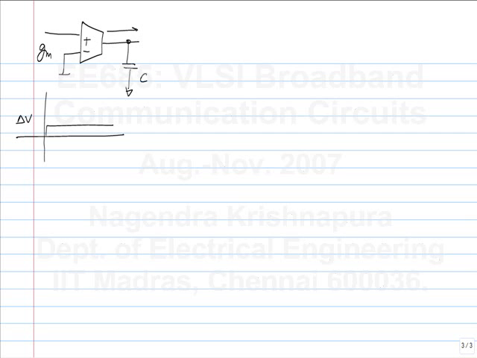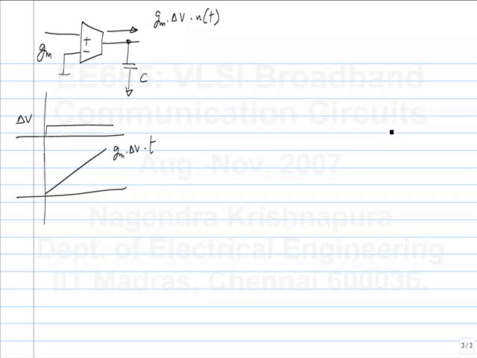You get a current Gm times delta V times U of t, that is the unit step, right? So the output will ramp up at a rate Gm times delta V by C. If you start from time 0, this is the equation of the output. So at the end of time period t, the amplification is Gm by C times t.